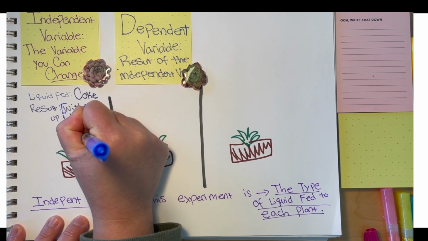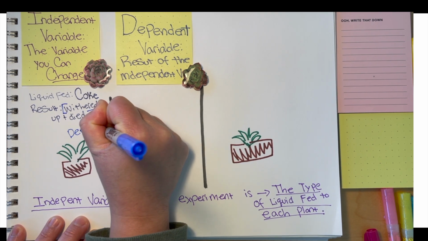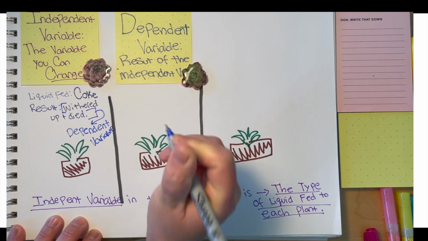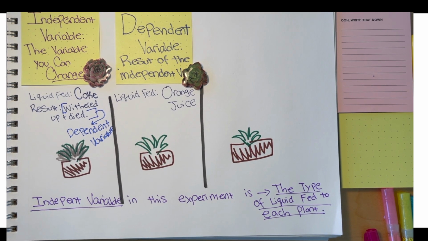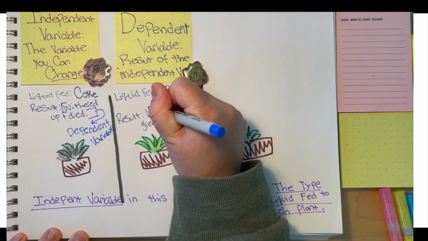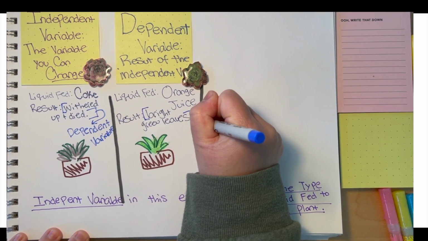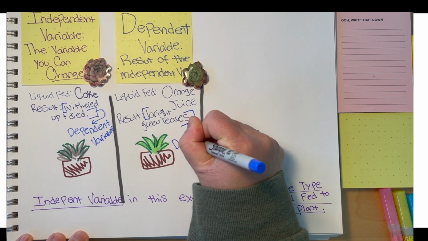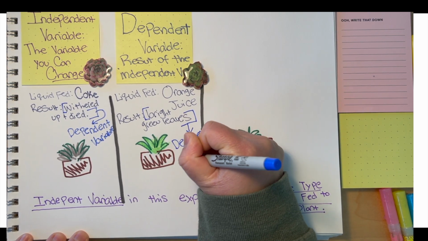That is a result of the independent variable. If the next plant we gave orange juice and let's say its leaves got more green and bright, then our dependent variable would be the leaves becoming bright green. This is a result of the orange juice.